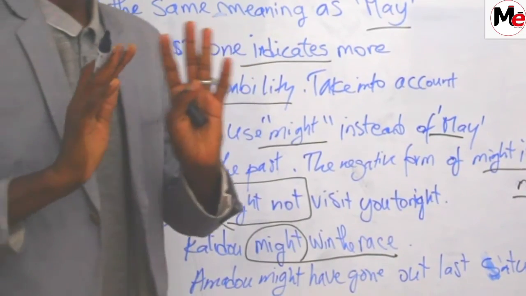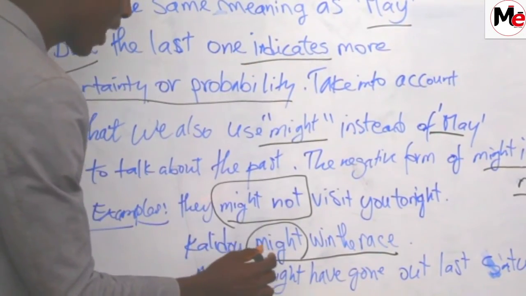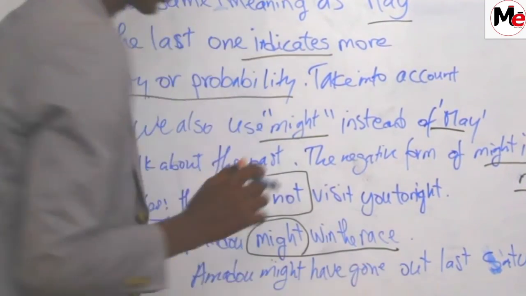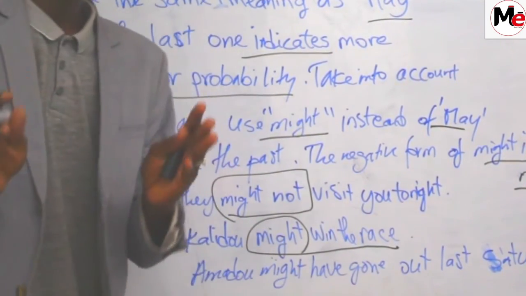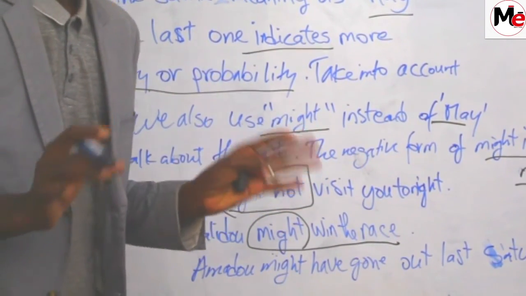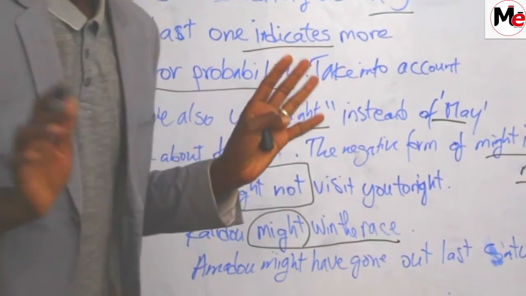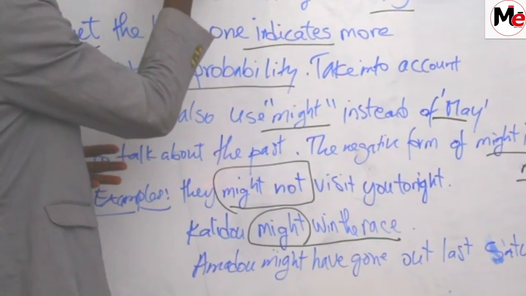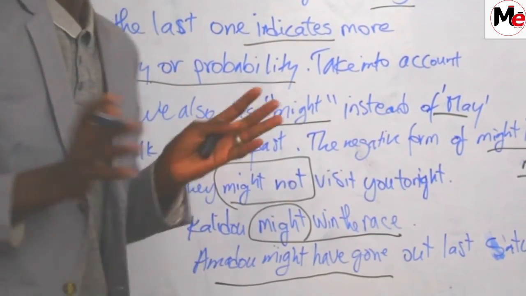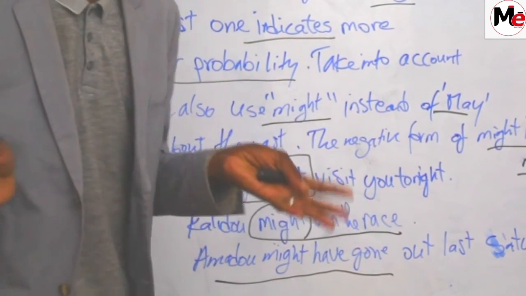This is a probability. We use might for probability. Amadou might have gone out last Saturday. We don't know that Amadou went out, but there's a possibility, an 85% certainty, that Amadou might have gone out last Saturday and his mom didn't know about it.